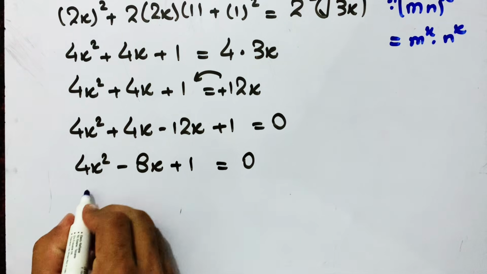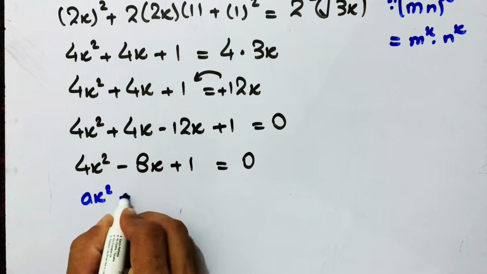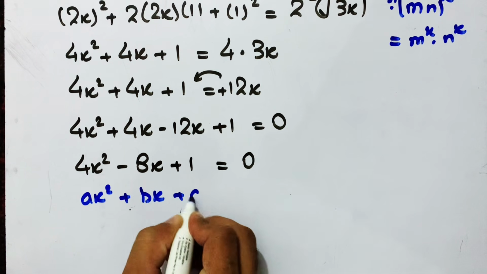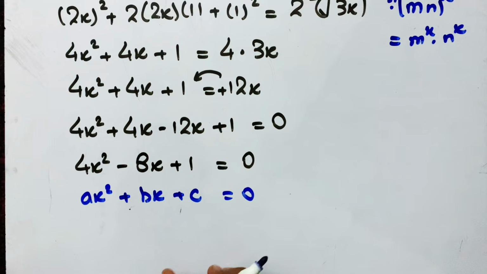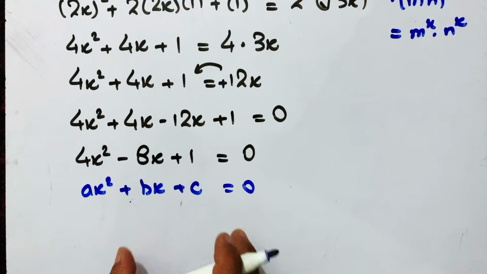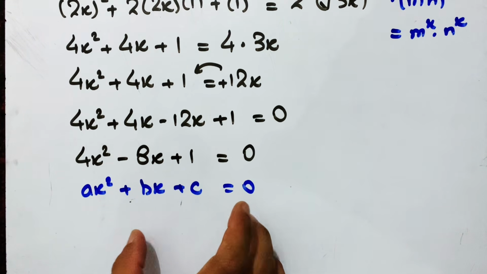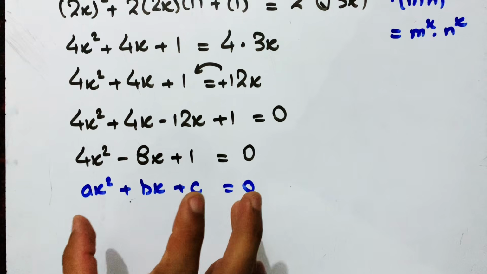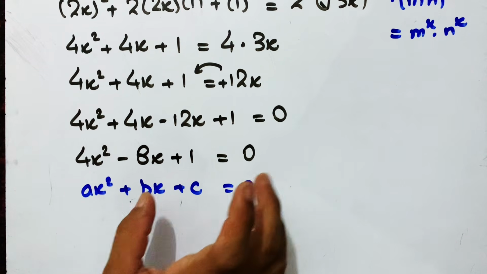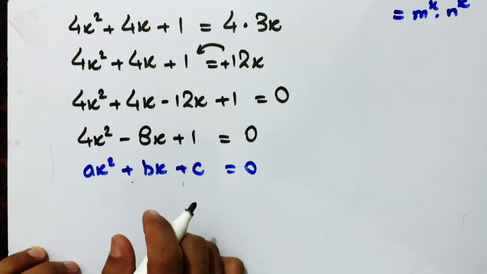Now this looks like a quadratic equation. We can solve it in multiple ways: using the quadratic formula, the factorization method, or the completing the square method. Today I am solving with the completing the square method.